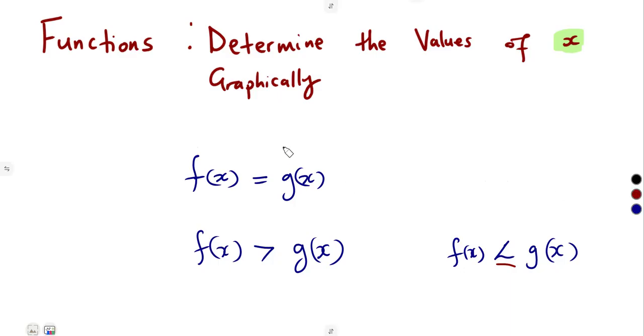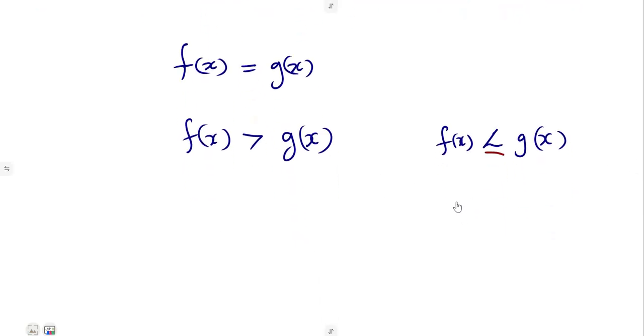where it can be equal to each other, or we can have one greater than, or we can have it less than the other one. How can we compare? How can we take our x values in such typical questions?